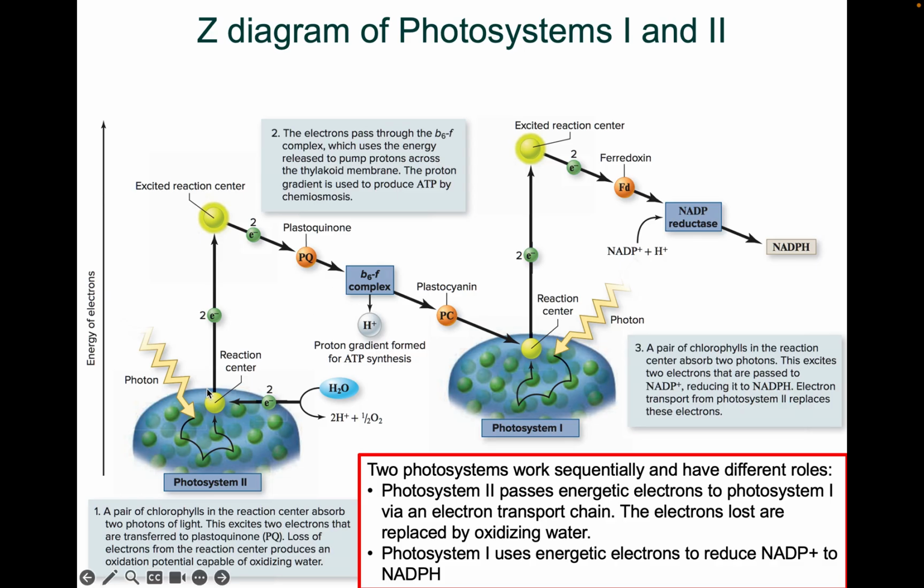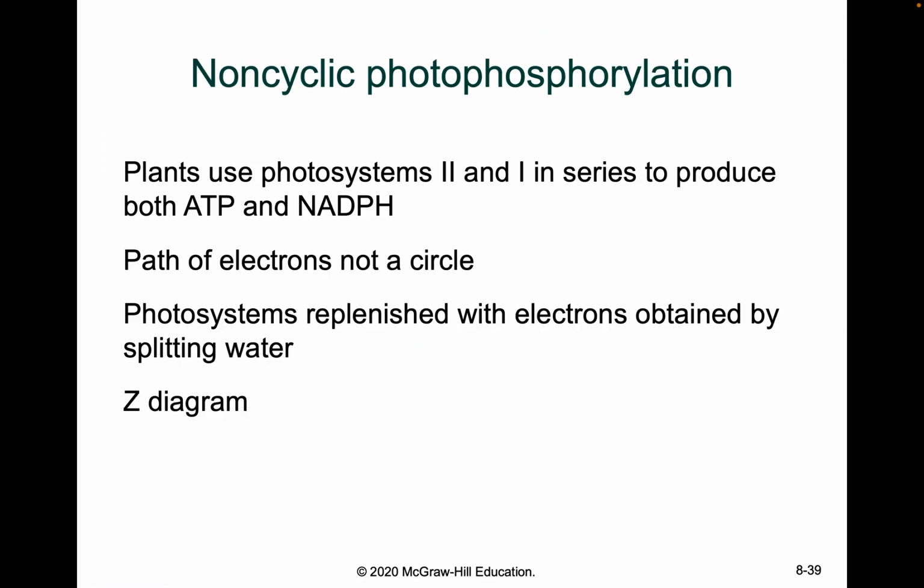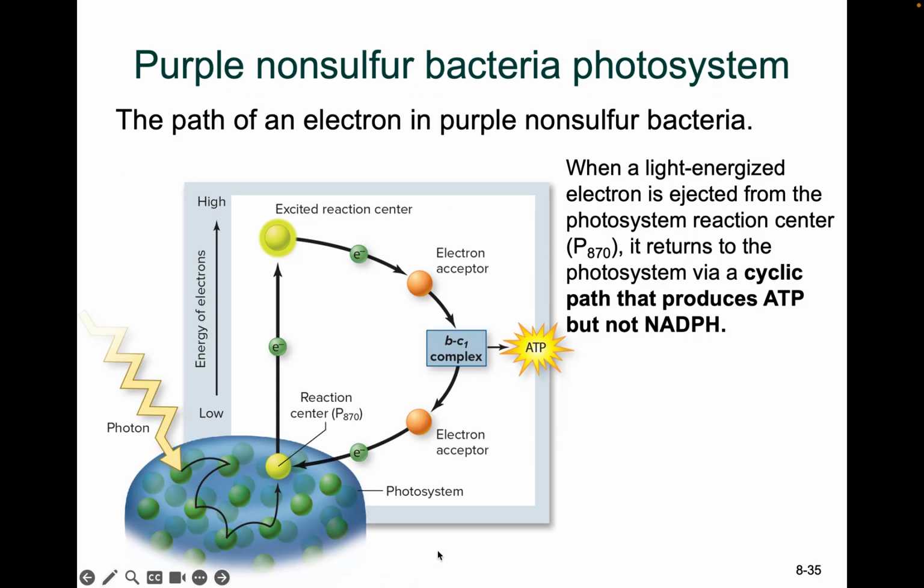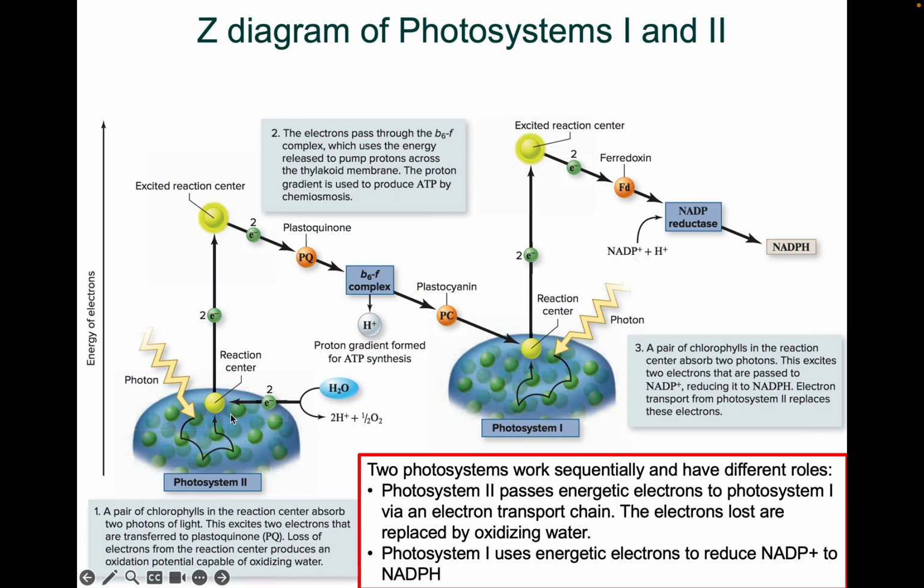So again, very similar. Photosystem 2 here is almost exactly like the P870 photosystem. What it does is take in the photon through its antenna complex, funnel it, and pass it into the reaction center, which has a chlorophyll.